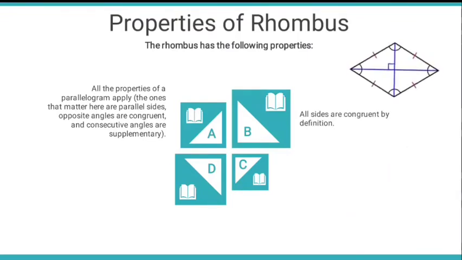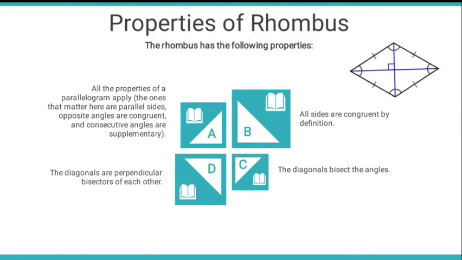Second, all sides are congruent by definition. The next is the diagonals bisect the angles. The last is the diagonals are perpendicular bisectors of each other.